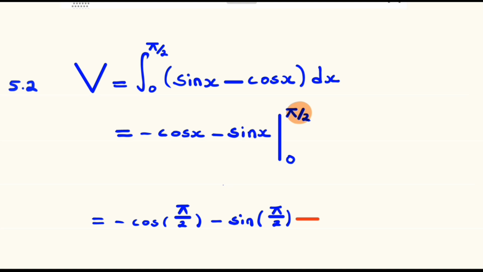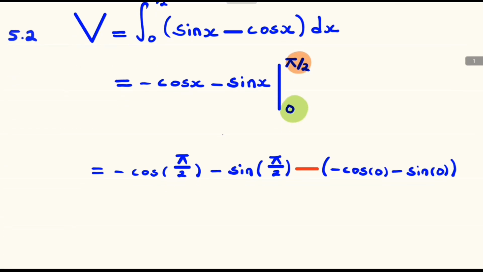Now we substitute that 0. So in the place of the x, we substitute 0. So we have negative the cos of 0 minus the sine of 0.